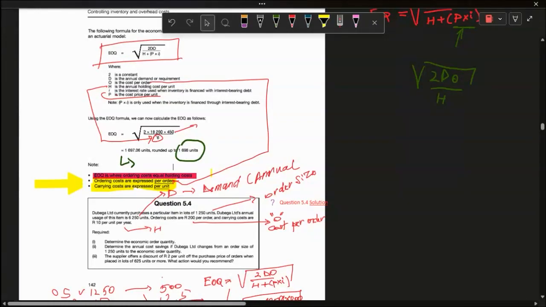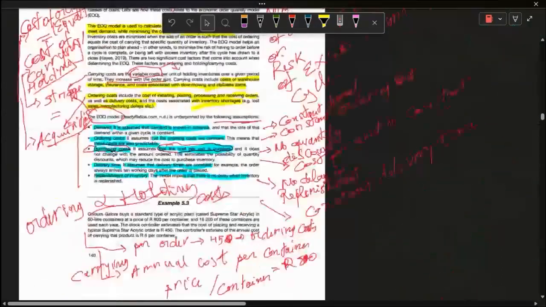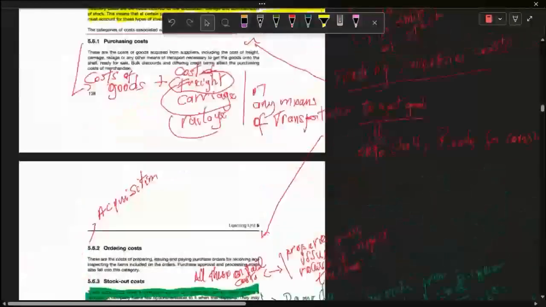Look at the theory. The ordering costs are expressed per order, and the carrying or holding costs are expressed per unit. There we go, guys. Does this make sense, guys?